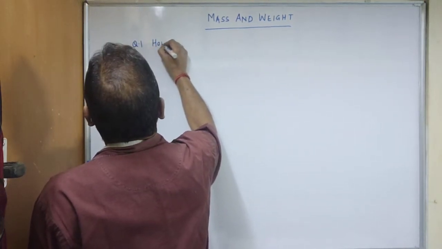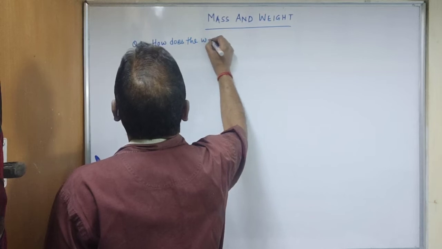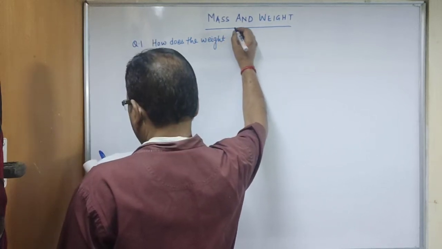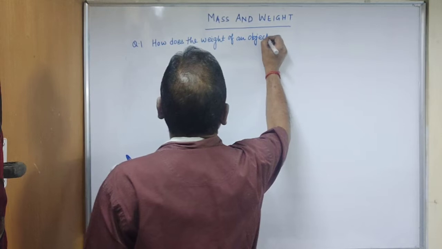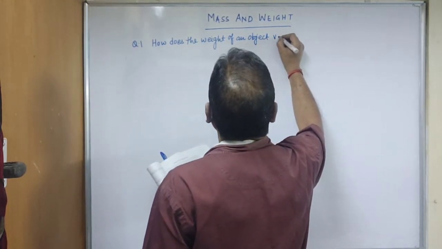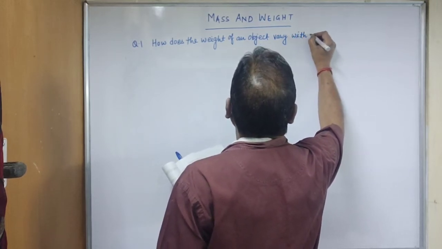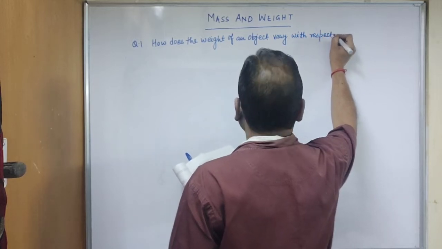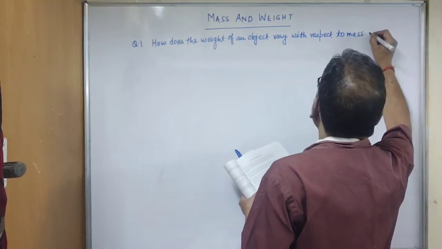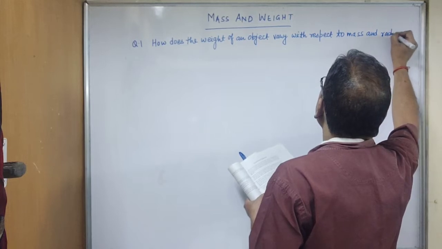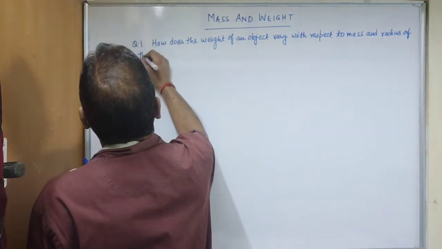How does the weight of an object vary with respect to mass and radius of the earth?